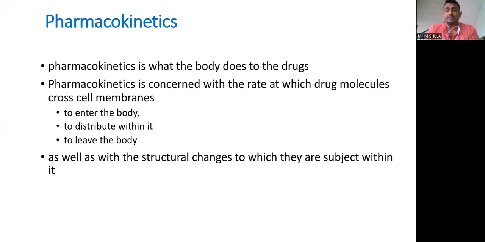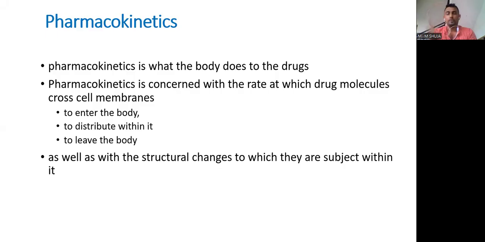So imagine when you are taking a tablet orally, you have to swallow it. Then it will have some reaction with your saliva. Then it goes to your stomach. Stomach is acidic. So it again undergoes some kind of changes, chemical reaction.